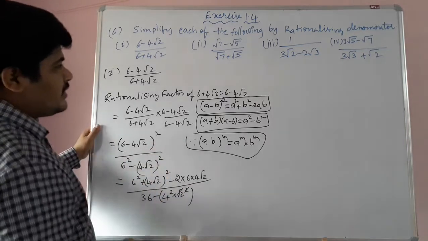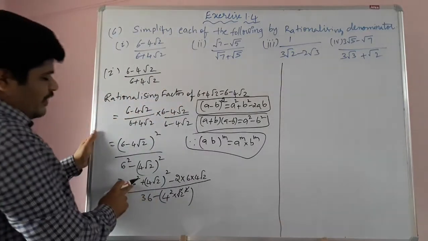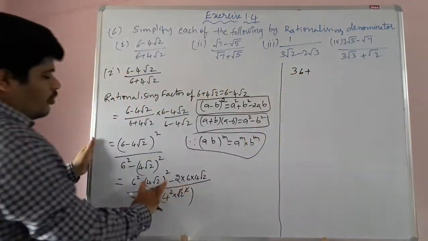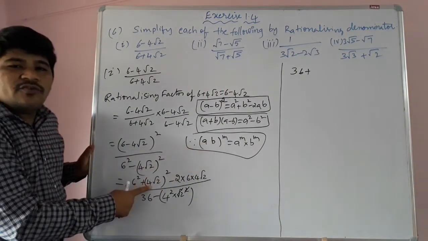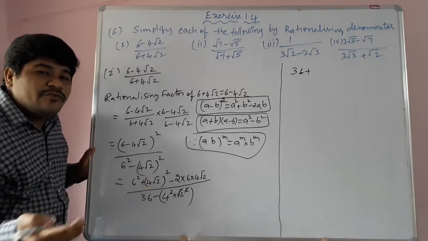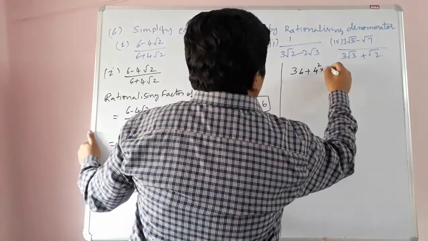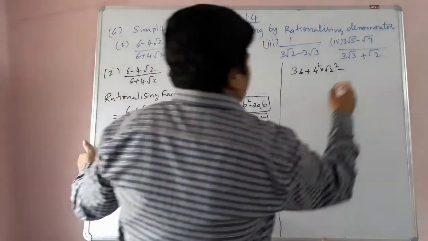Now let's see the next step. 6 square value is what? 36. Plus 4 root 2 whole square. So here also we need to use the same a b whole power: 4 square into root 2 square. 4 square value is what? 16. Root 2 square, okay, right here. 4 square into root 2 square, minus 2 6s are 12, 12 4s are 48.